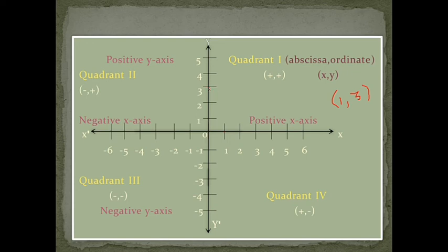Now we have to join them. From 3 draw a line, and then from 1 to the 3 mark, join that line. So this is how we have to locate the coordinates 1, 3, where 1 is x and 3 is y.